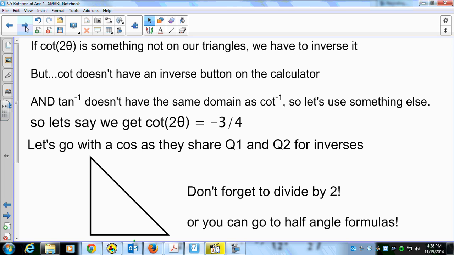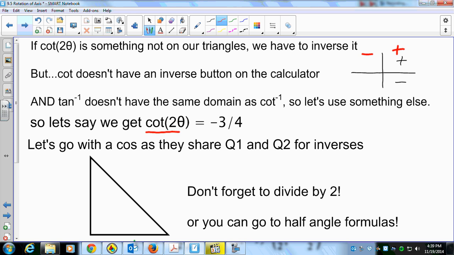The other thing we have to talk about is if it's not on our triangles, we have to take the inverse. But we have to remember with our inverses, for cotangent we don't have that inverse button on our calculator. And for tangent's inverse, you get positives in quadrant 1 and negatives in quadrant 4. But with cotangent, you have to remember that the principal angles are positive in quadrant 1 and negative in quadrant 2.